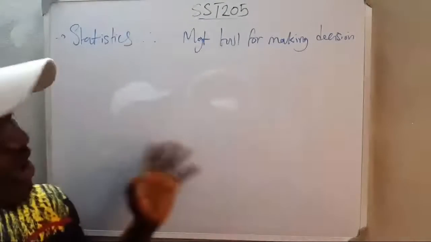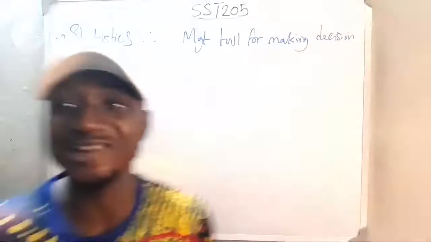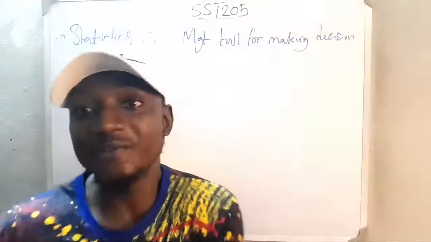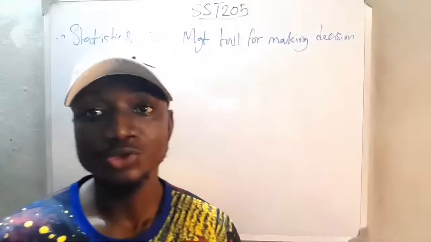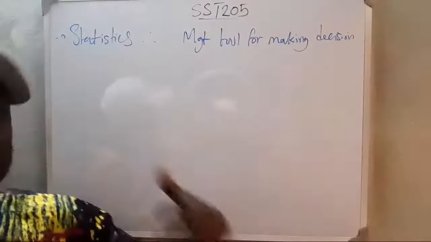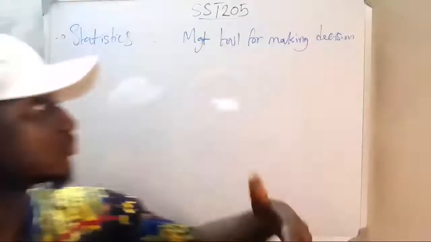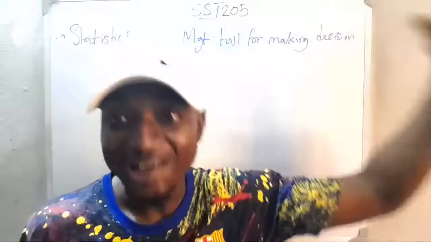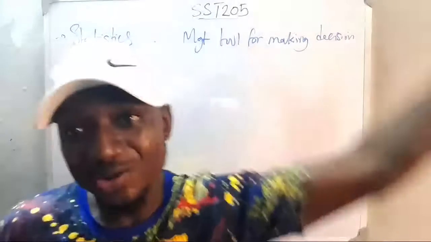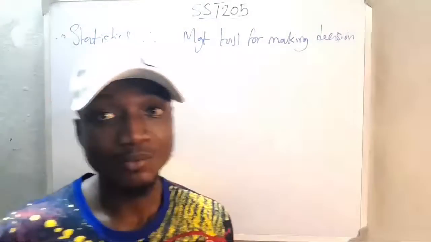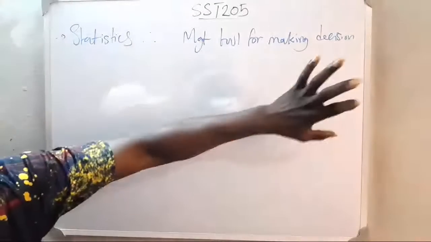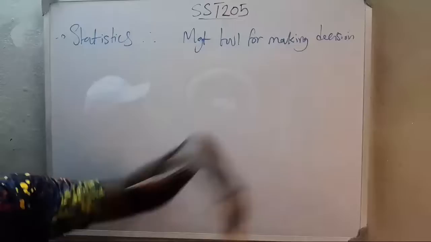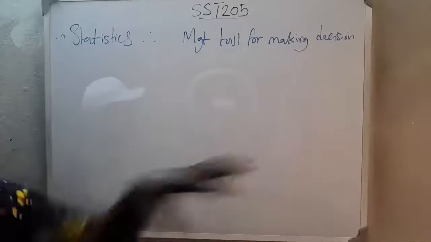What we're going to be doing this first semester is more of an introduction, where we have STT205, STT206, where we get to do our variance, our mean, standard deviations, and when we talk about class boundary, class limit, and the likes. But this is more like an introduction, or let's say, the rudimentary part of statistics.